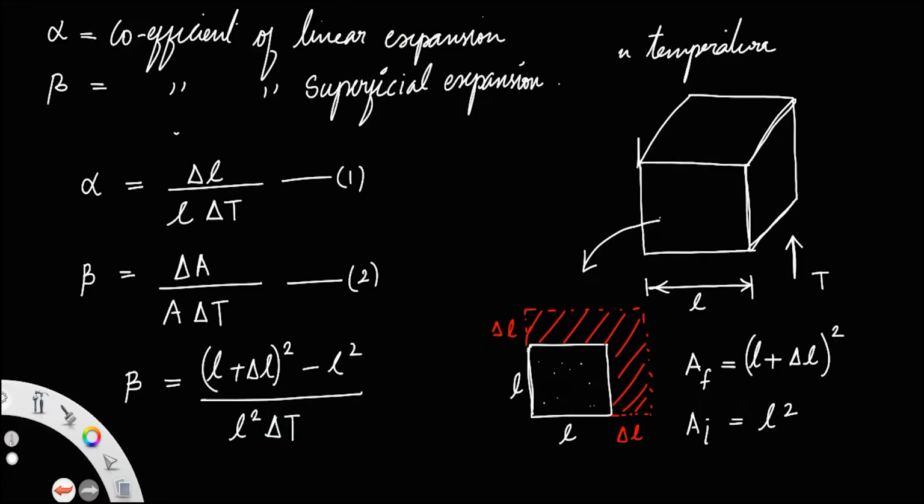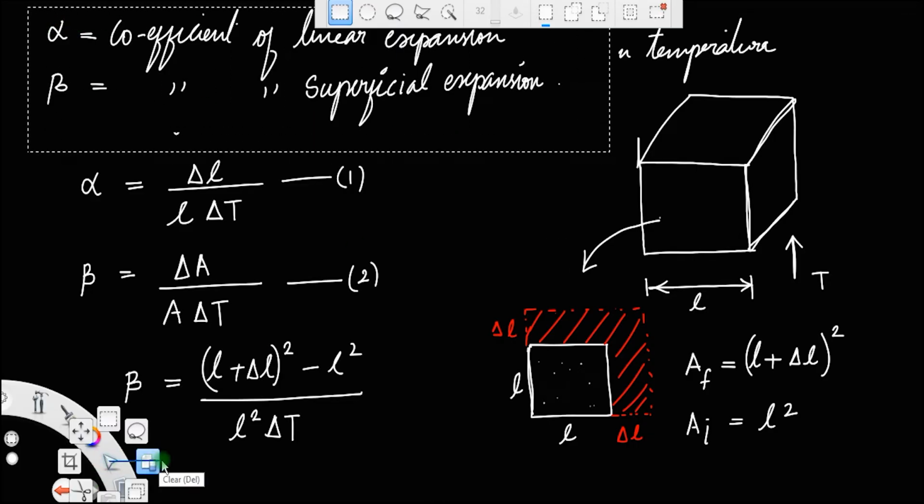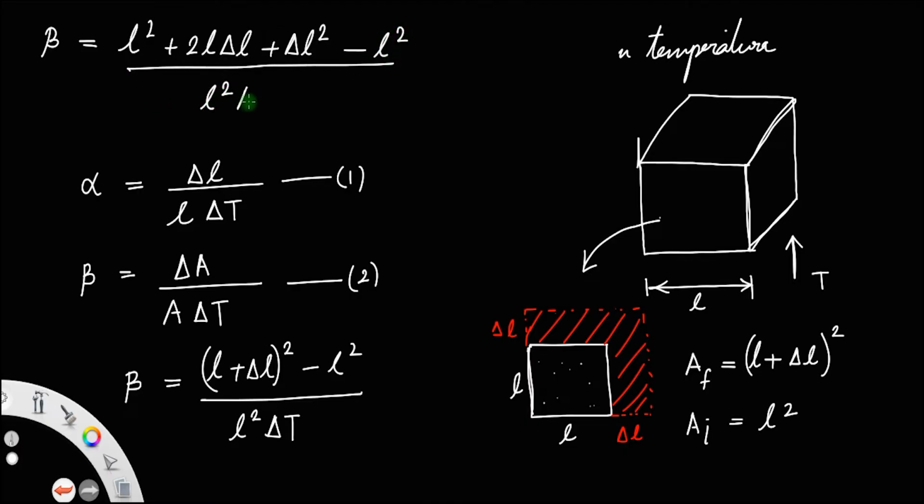If you simplify this, you will get beta equal to, expanding this, L square plus 2L delta L plus delta L square minus L square, divided by L square delta T. You can cancel this L square and this L square.